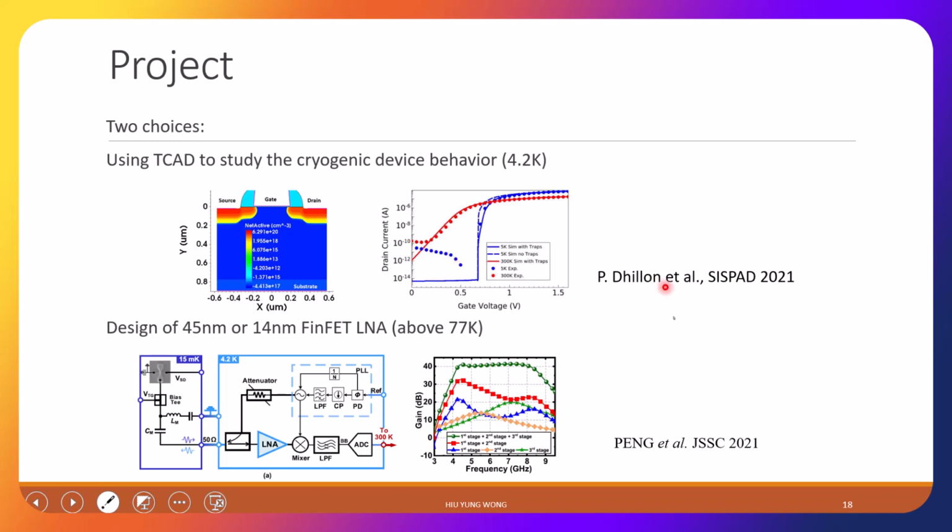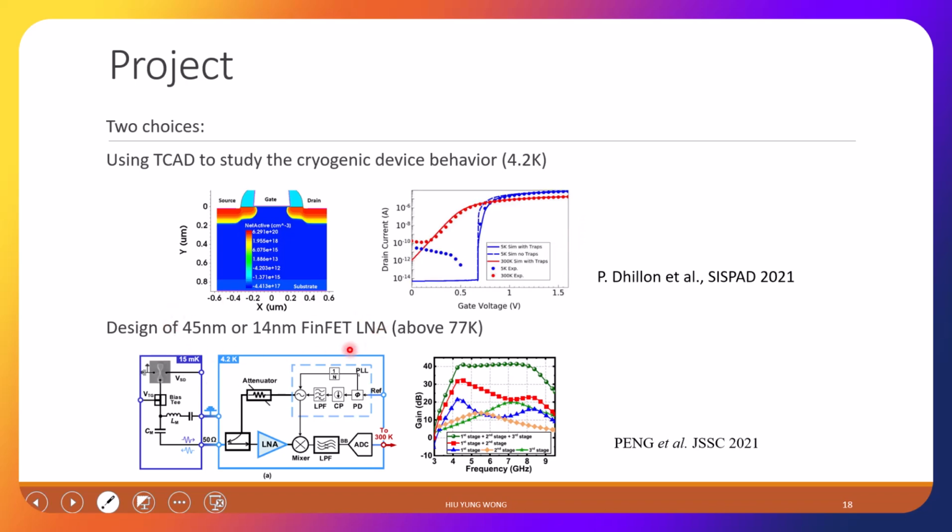For example, in this paper, a student published with me 3 years ago. It's not from this class because this class was not there at that time. We were able to match the experimental data from 300 Kelvin to 5 Kelvin by turning on some new models.